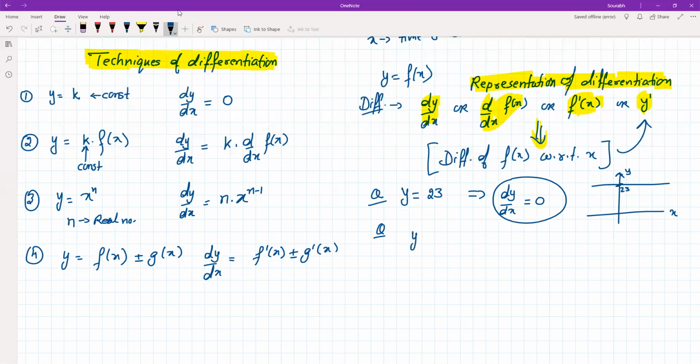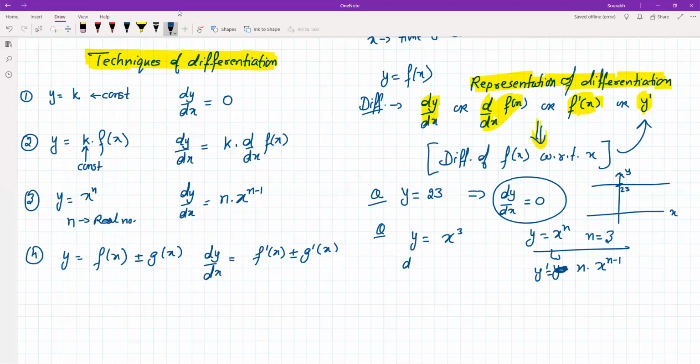Moving to the next, that is the third one. Suppose we have a function y equals x cube. So it matches with which function? y equals x to the power n, that rule. And here n is equal to what? 3. And if that is the case, what was our formula? dy by dx, or y dash, is equal to n into x to the power n minus 1.